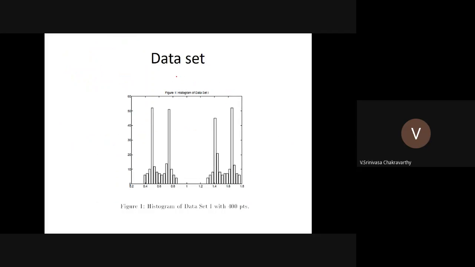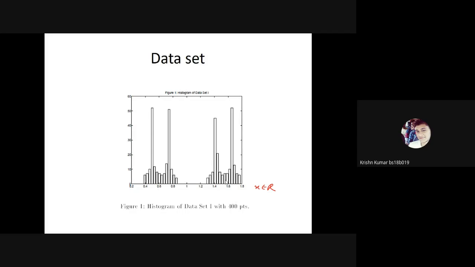So look at this distribution. This is a histogram of a data set. This is a one-dimensional data set, x is in R. Now, how many clusters are there in this data set? What will you answer? Anybody? Yeah, again it depends on scale, right?